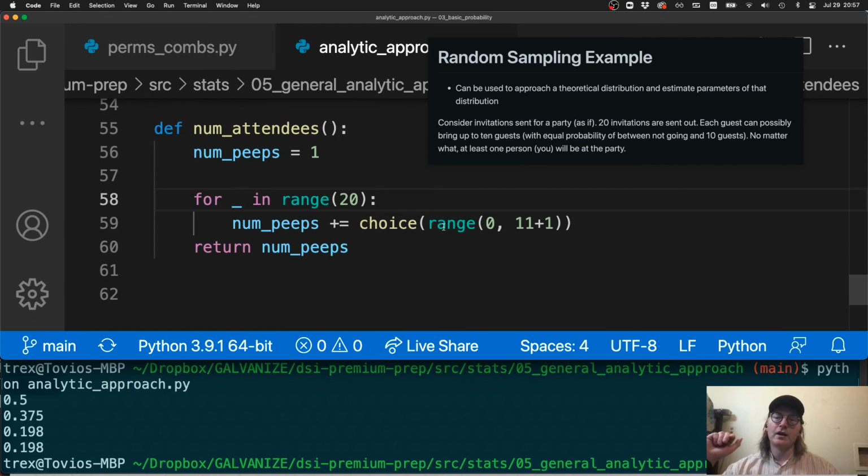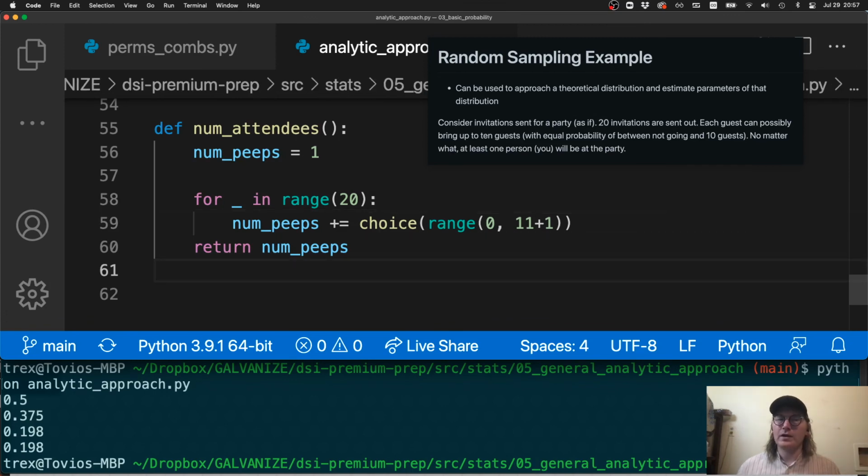We're not deciding first on a 50-50 chance that they're going to come or not, and if they do come, they're going to bring anywhere from 0 to 10 guests. That would actually be a different problem. So we have to make a choice here in how we're modeling the phenomenon, and this is the choice that I'm making. Although we could write this in a different way, and we would see a different outcome.